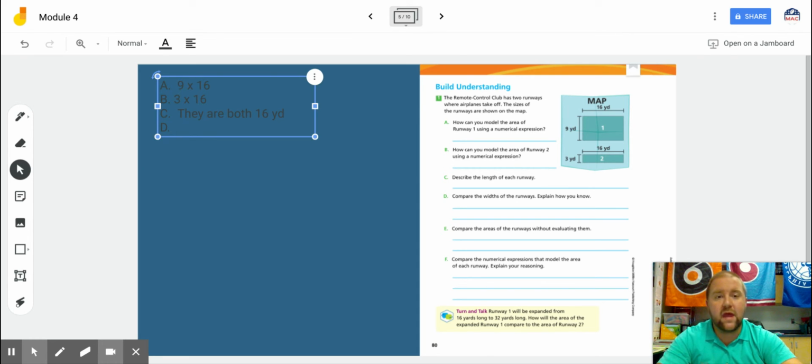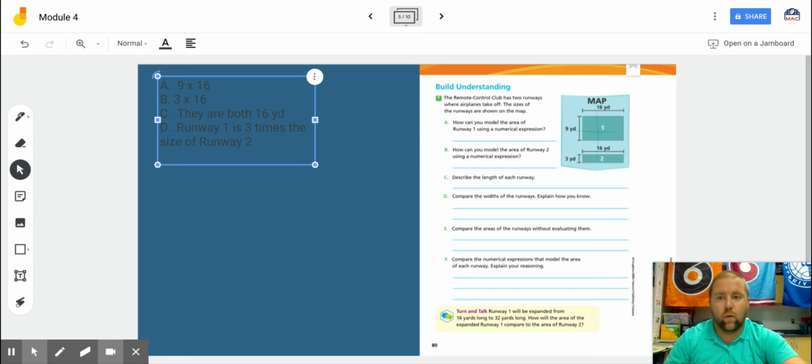So that would mean that since runway 2 is smaller, we would say that runway 1 is 3 times the size of, and I'll make this a capital just to be clear, runway 2. Because if you took this number here and multiplied it by 3, that would give you 9. Okay.